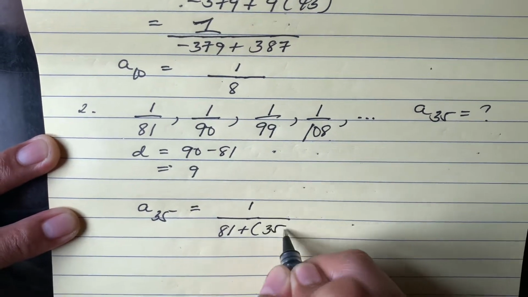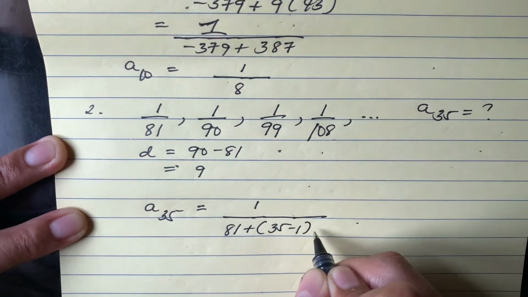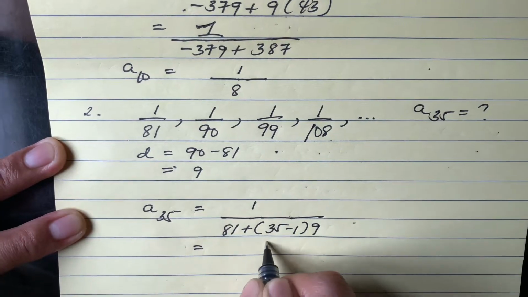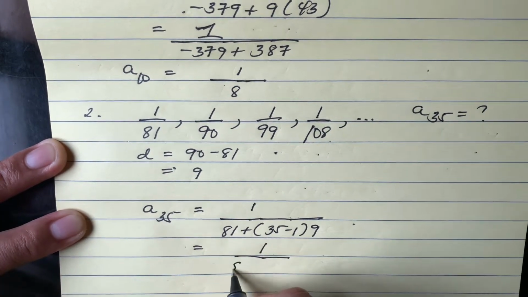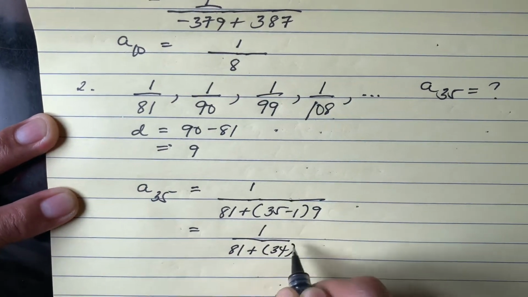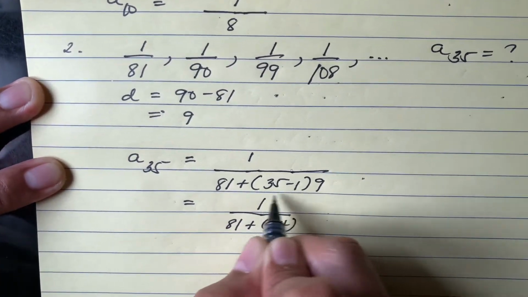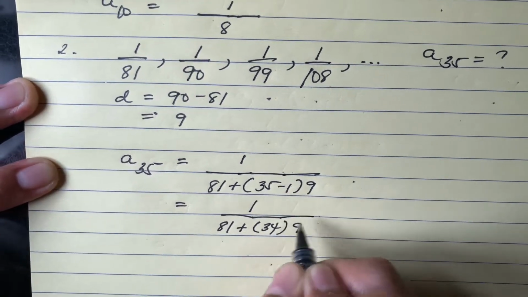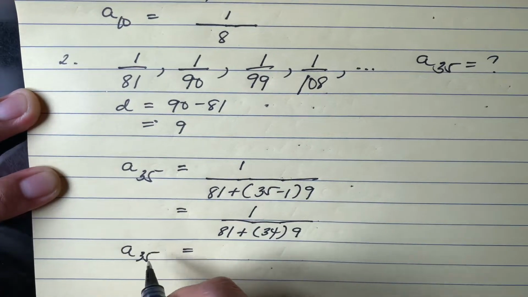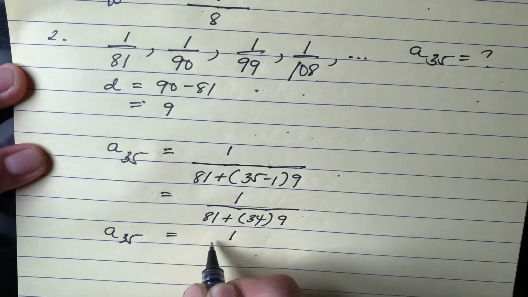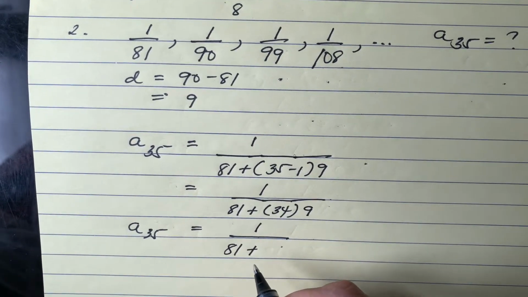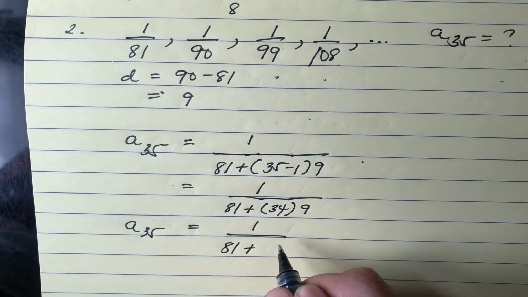So 35 minus 1 times our common difference, which is 9. So we have 1 all over 81 plus 34, the difference between 35 and 1, multiplied by 9.